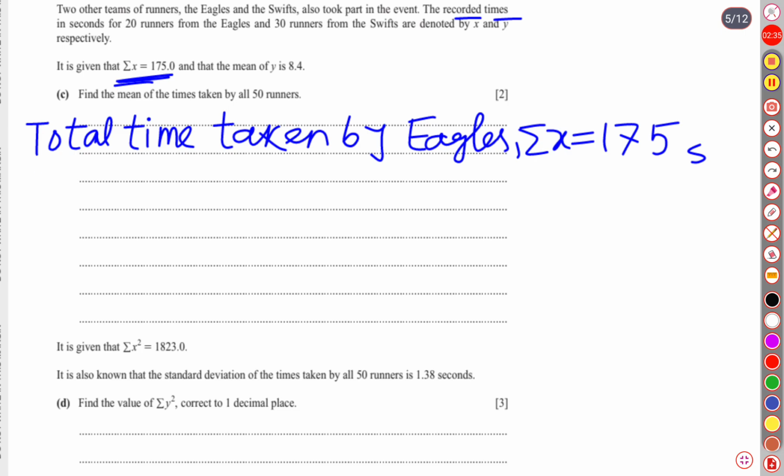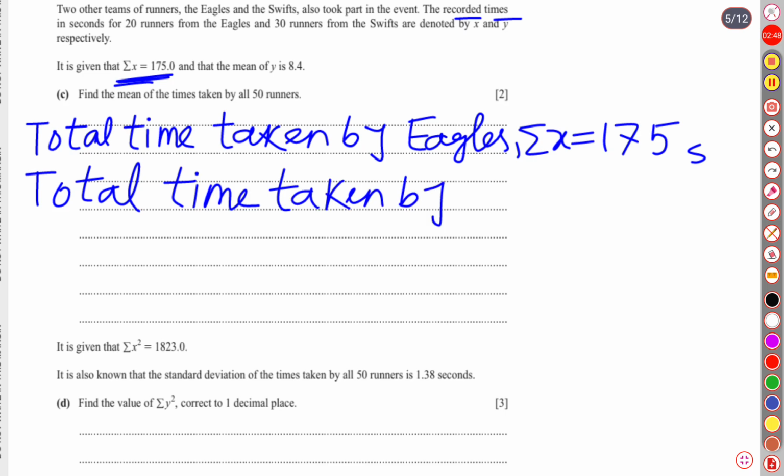Then the total time taken by the Swifts. For Swifts, meaning Y, the total time has not been given. Look at this, it is the mean time that has been given.